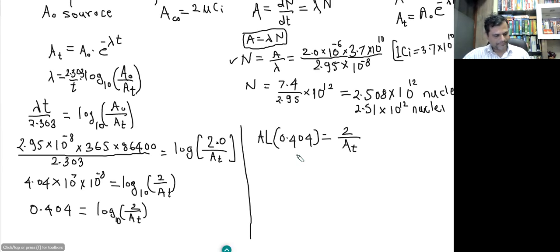I have a log table, and if you just find out this log of 0.404, तो उसके लिए हमको क्या करना पड़ेगा, 40 का देखना पड़ेगा 4 के अंदर. करेक्ट है. यस, सो 40 के 4 में देखो, 40 की लाइन में 4 में कितना है, देखो 40 का 4 में मिल रहा है 2535. चेक.